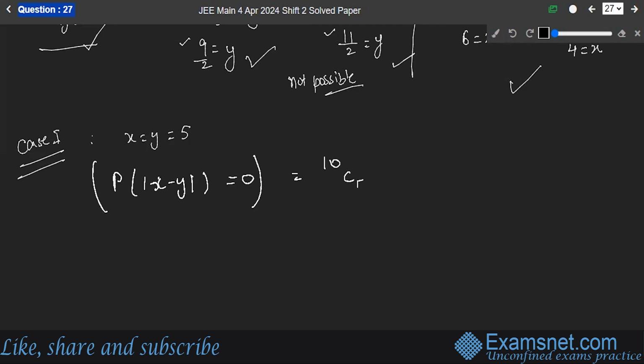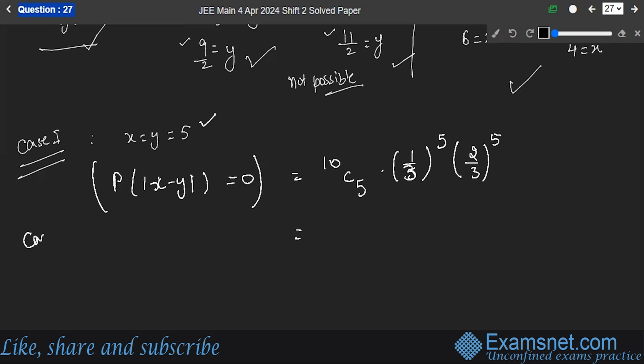So 10C5, because here X and Y both are 5, into the probability of winning, which is 1 by 3, raised to power 5, and the probability of losing 2 by 3, raised to power 10 minus 5, which gives me 5 again. So let it be like this only for the time being.